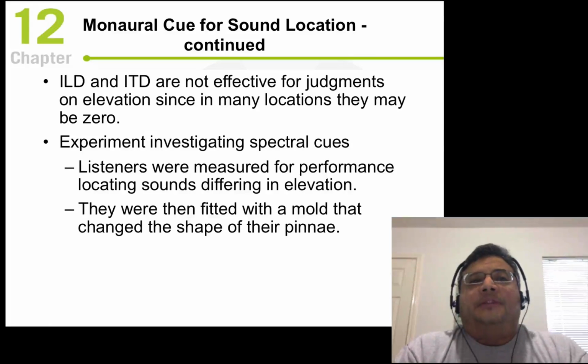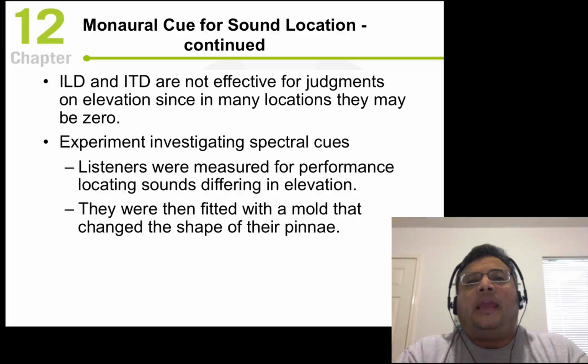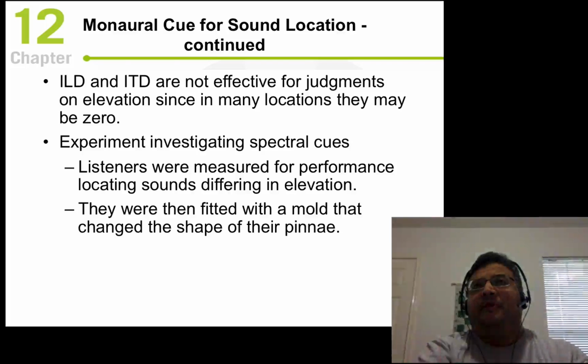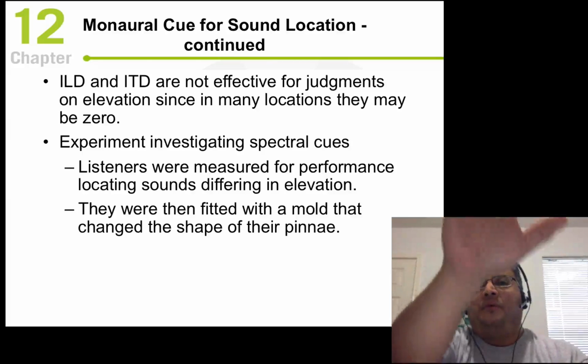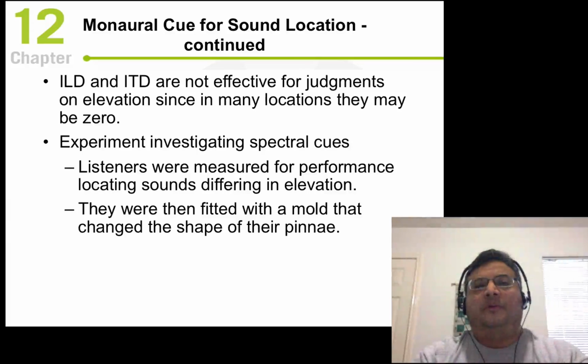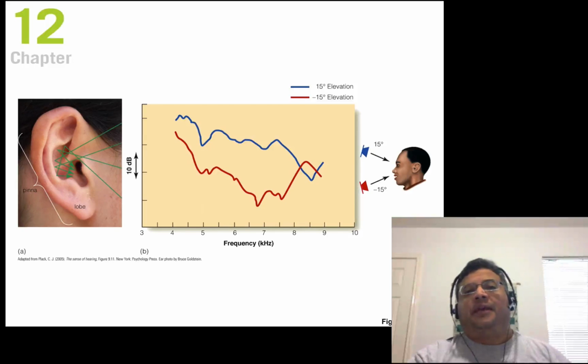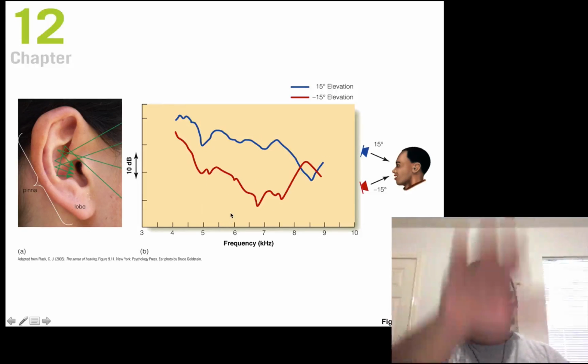Now, one of the things about monaural cues for sound localization is that they are very useful for detecting elevation, where sounds are coming from, whether they're coming from above you, at your same level, or below you. Look at this graph here again. Notice that with one ear, you can tell if a sound is coming from a 15-degree elevation or a minus 15-degree elevation.